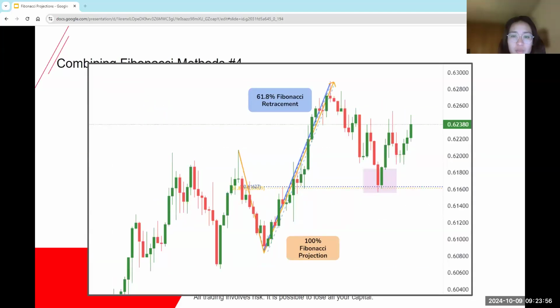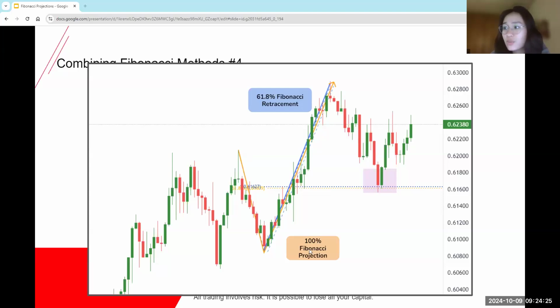In this example, the 61.8% Fibonacci retracement is in line with the 100% Fibonacci projection to give us a strong confluence area highlighted by that purple square here. You can see where price bounced off of. So our 61.8 Fibonacci retracement, you can see this blue arrow that I've drawn out here.